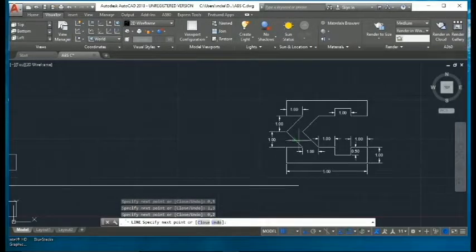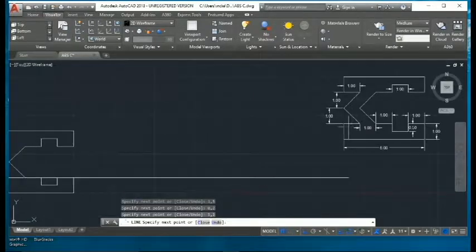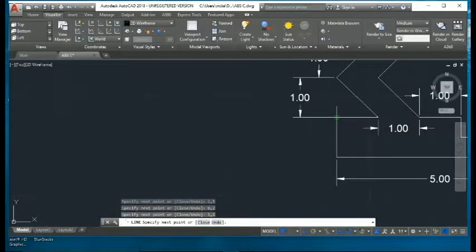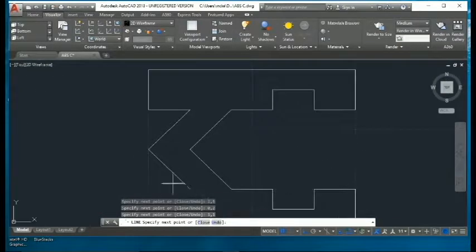Next point is this point, whose coordinate value is 1, 1. Let's type 1, 1, enter. Next point of this drawing is this point, whose x equals 0 and y equals 1. So the coordinates will be 0, 1.